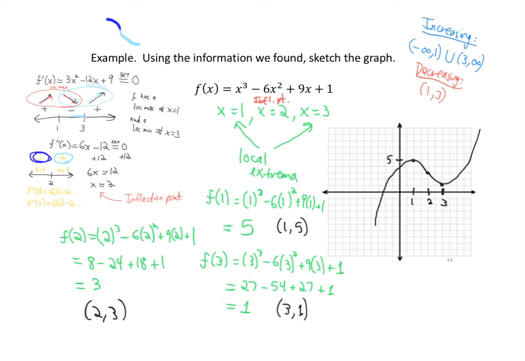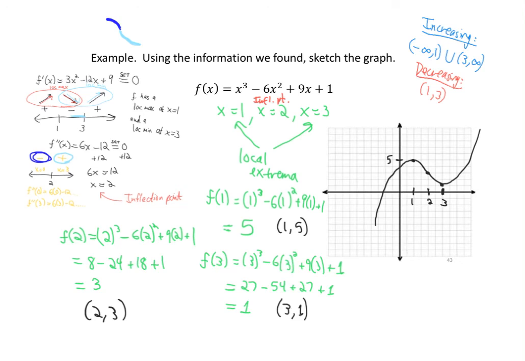And what we have here, just to check, is we have a concave up portion to the right of 2. That's consistent with what we have here. We have a concave down portion to the left of 2. That's consistent with what we have here. We are increasing before 1, decreasing between 1 and 3, and then we're increasing to the right of 3.